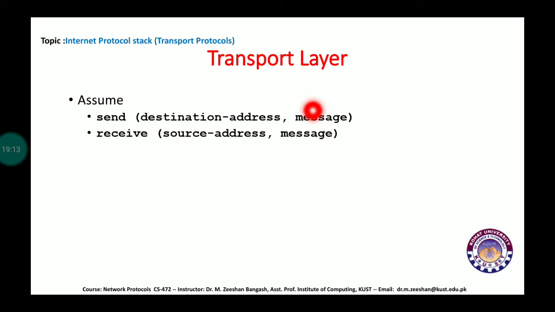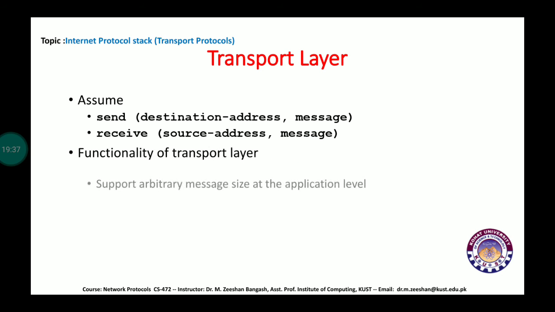This message is received from the upper layer, the application layer, such as HTTP, FTP or SMTP, which generated the message, and is transmitted to the transport layer. Similarly, at the receiver side, there is a source address that is received by the receiver along with the message that is copied into that variable.